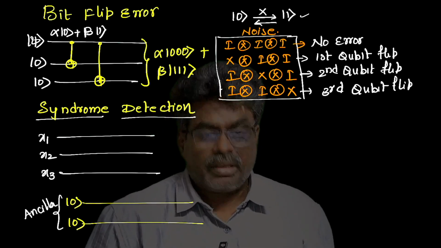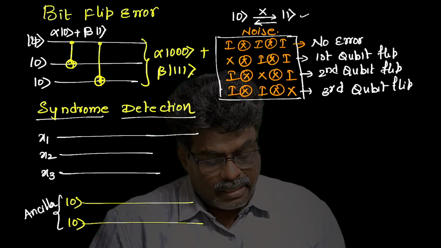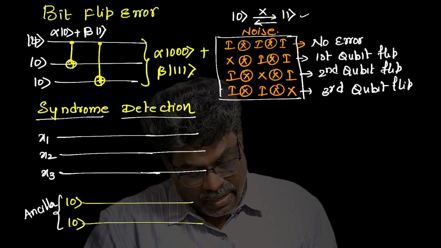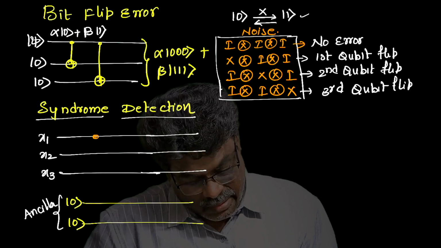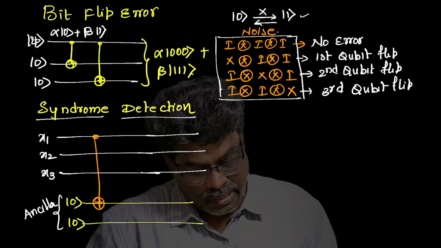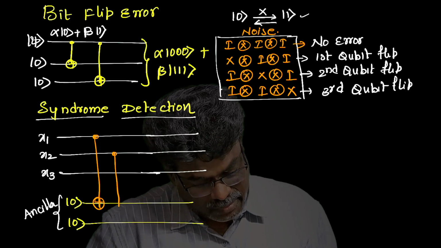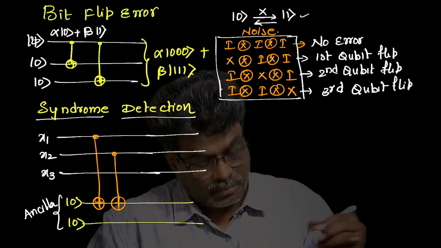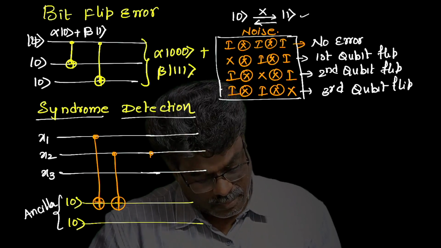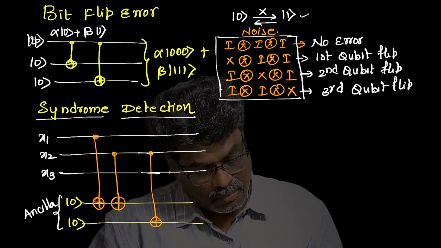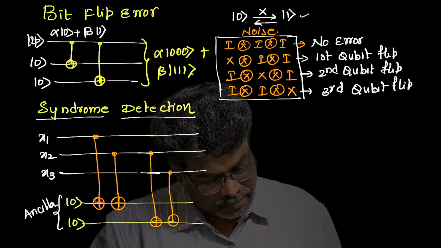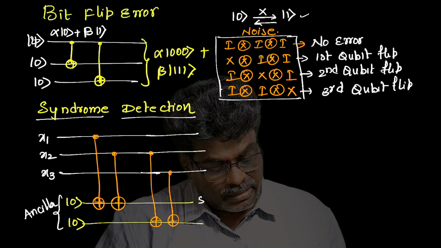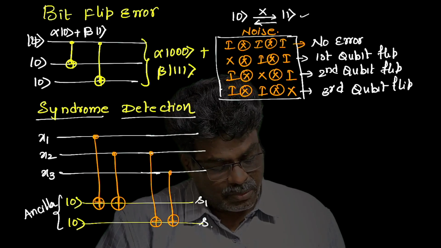Okay, let us consider this syndrome detection circuit. Here we have a C naught gate, and then the next one from the third one. Let us suppose this is S1 and S2.